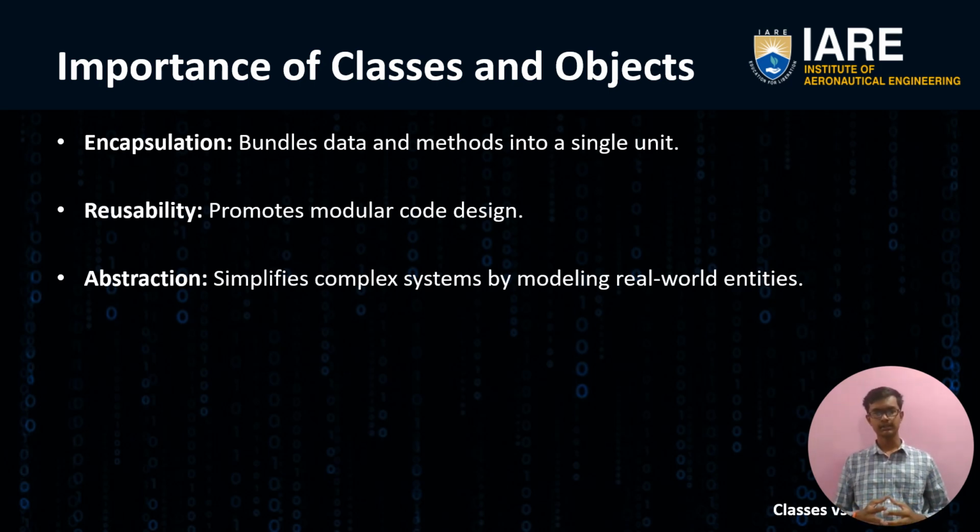And abstraction. In abstraction, the concept of classes and objects simplifies complex systems just by modeling real-world entities in the program in terms of classes and objects. Now these are the important points of classes and objects which can be useful for us.